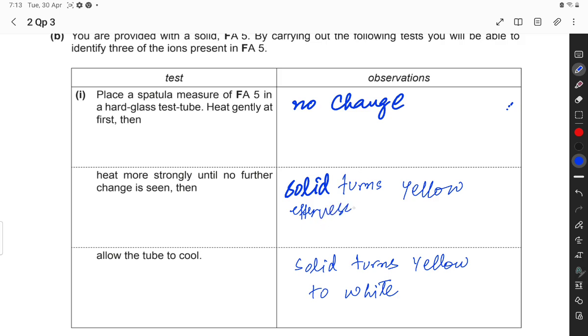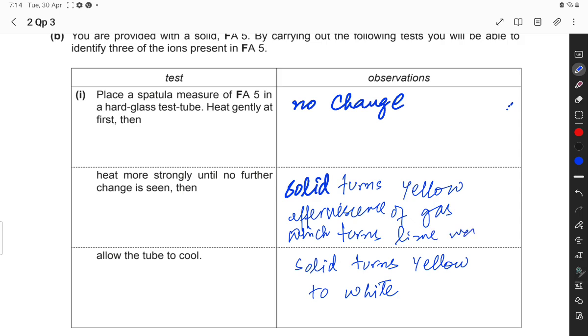Effervescence of gas, which turns lime water milky. It means carbon dioxide gas is there.